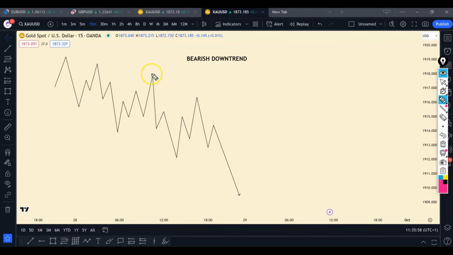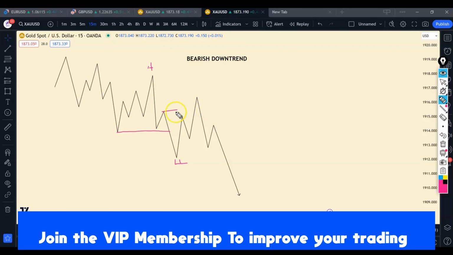Now that the market tapped in here, it went down, okay, breaking this low. This is what? Another lower low created. Where is the high? This is the high. This is not the high here, okay. This high now can serve as what? Inducement. Okay, this can serve as what? Inducement.